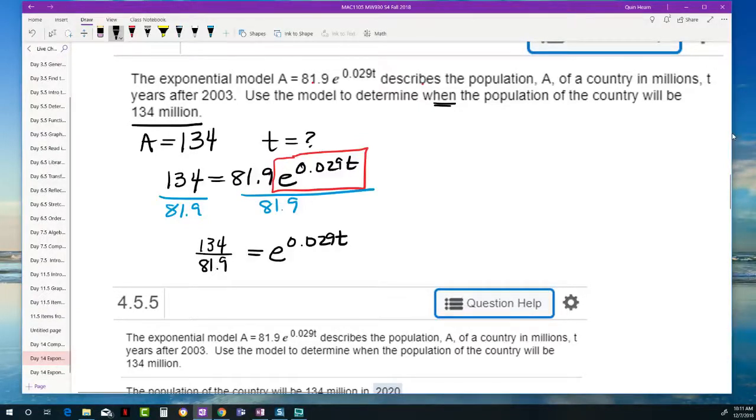So we're going to divide by 81.9, and then we still need to get the t out of the exponent by taking the natural log of both sides. So we have natural log of 134 over 81.9 equals the natural log of e to the 0.029t. We're going to bring the power out front, is one way of thinking about it. Or you can think of it as the natural log cancels with the e.